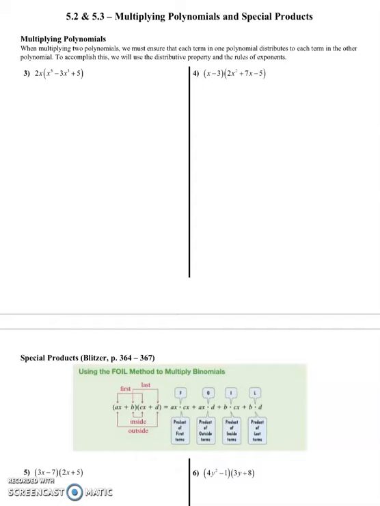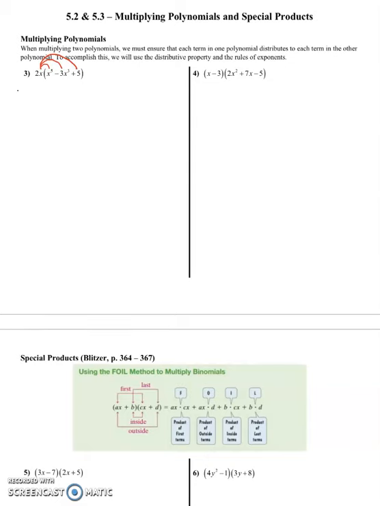So, for example, on number 3, we need to make sure we multiply the 2x by the x to the 5th, the negative 3x cubed, and by the plus 5.